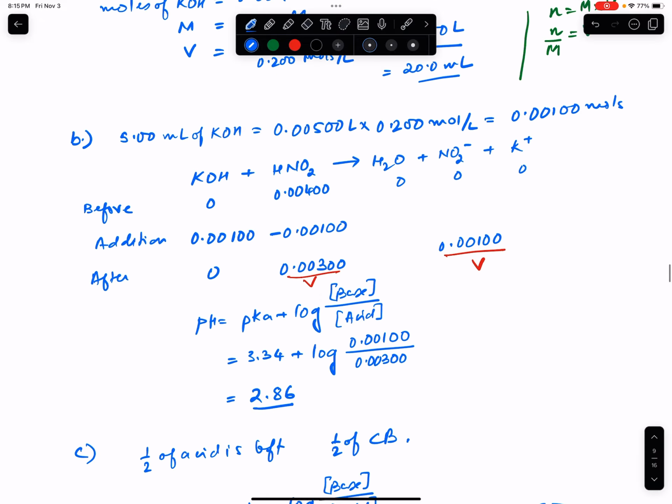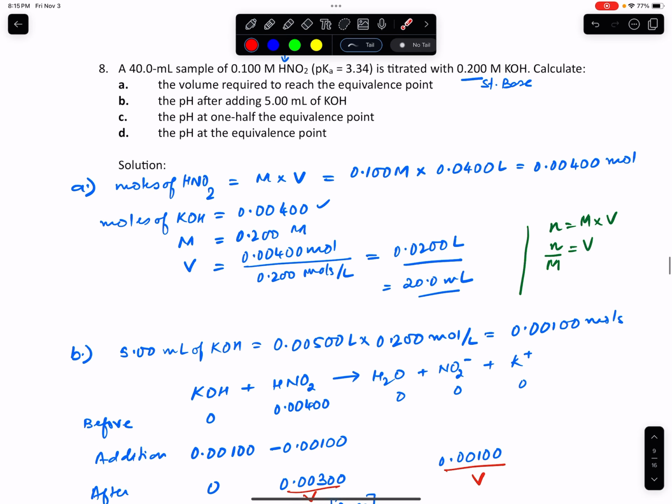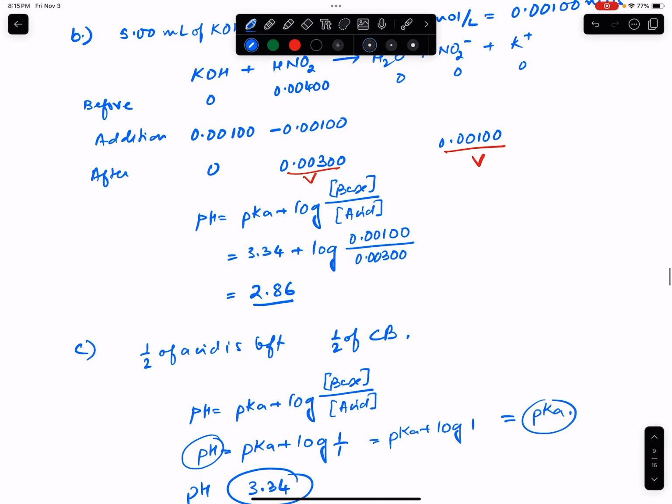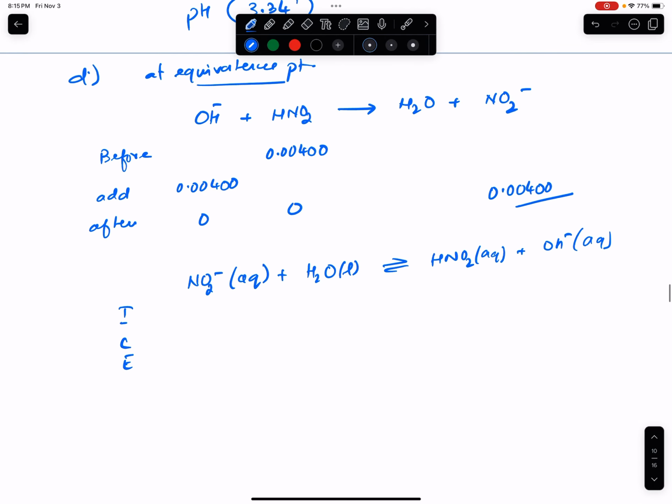We already calculated the volume of base needed at the equivalence point, which was 20 mL, and the volume of acid we have is 40 mL, so that's 60 mL. That should be 0.0600 liters, and that gives me 0.0667 molar. That's my concentration.